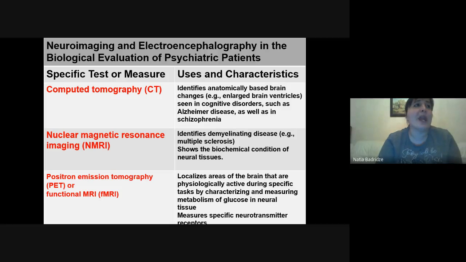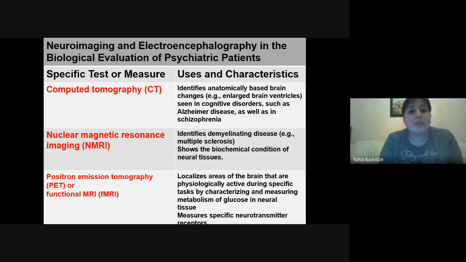For example, if we have some doubt about schizophrenia, we can confirm our prediction by using the CT scan. And if we see enlarged ventricles via the CT scan, our diagnosis of schizophrenia can become confirmed.